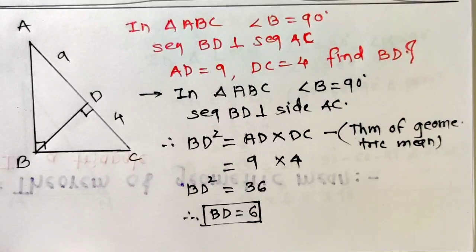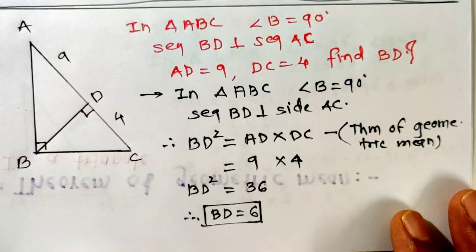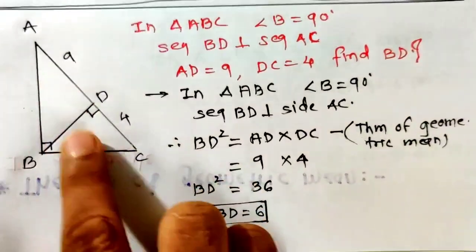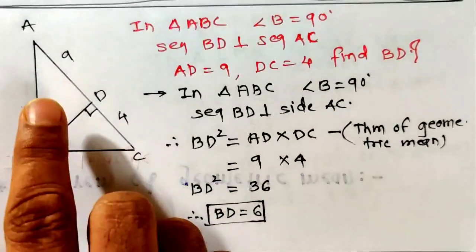The next is the 45, 45, 90 triangle property. Then the theorem about the right angle triangle: when a perpendicular is drawn from the vertex of the right angle to the hypotenuse, the triangles so formed are similar to the original triangle and similar to each other.